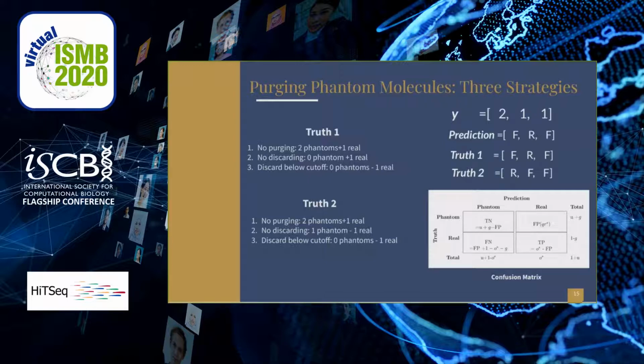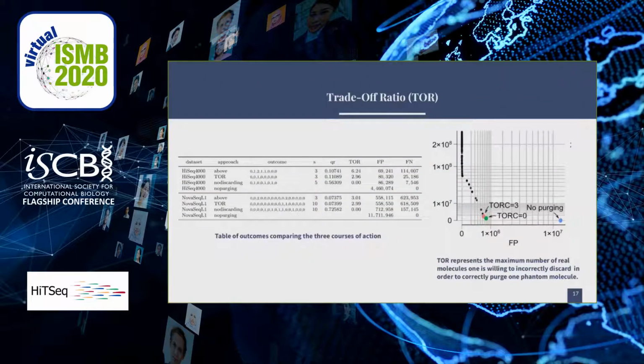One, we keep the data as it is. Second, we reassign reads to their inferred sample of origin. Third, we don't discard any molecules, or we discard molecules based on a cutoff that we determine by the trade-off ratio that we describe in the paper.